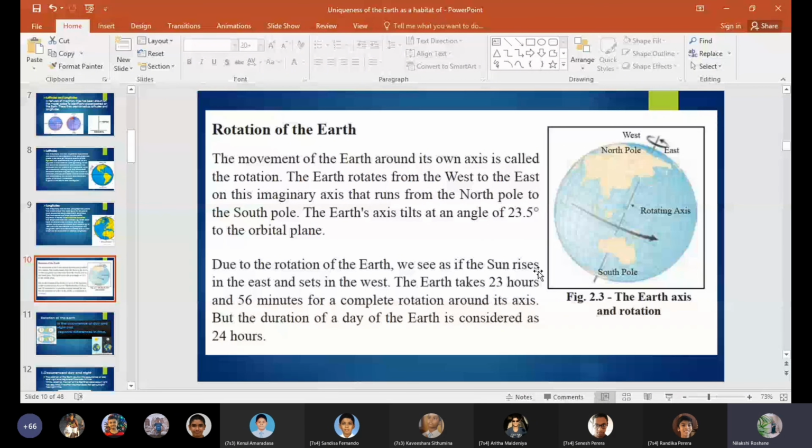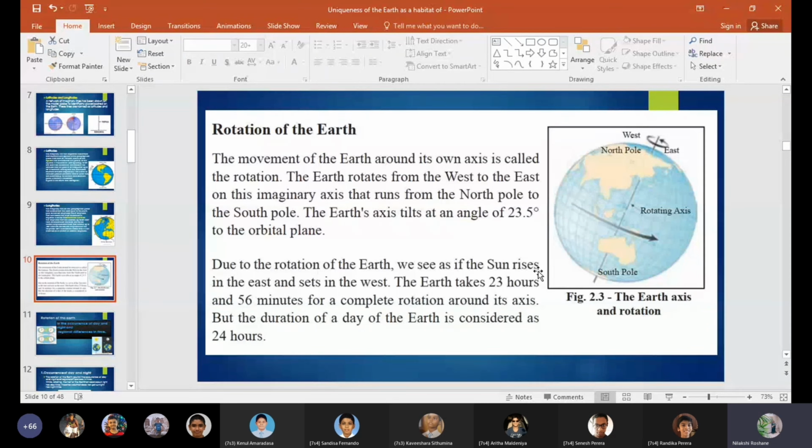Due to the rotation of the earth, we see as if the sun rises in the east and sets in the west. The earth takes 23 hours and 56 minutes for a complete rotation around its axis, but the duration of a day on earth is considered as 24 hours. So that you need to know.